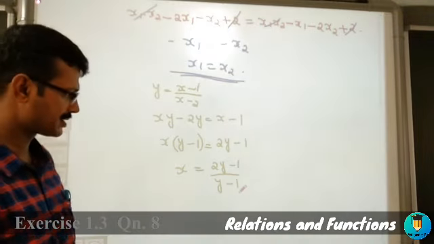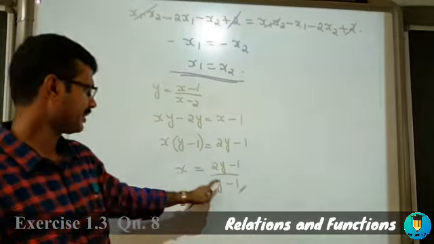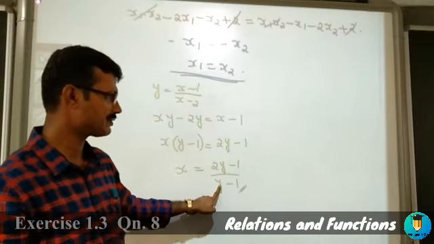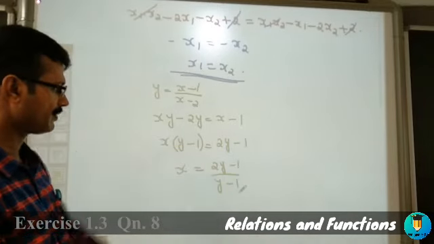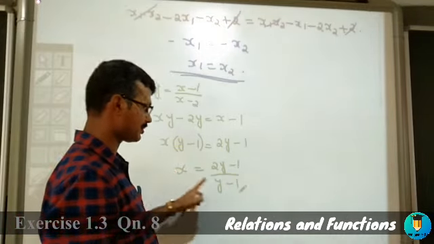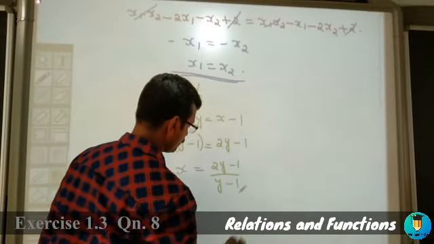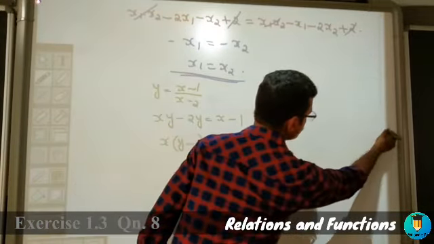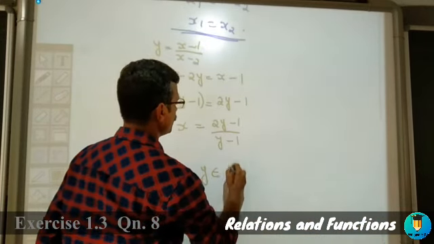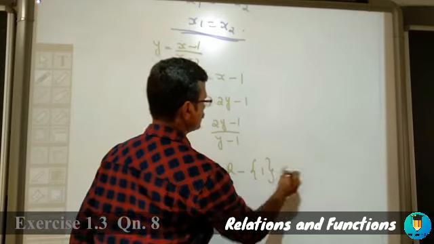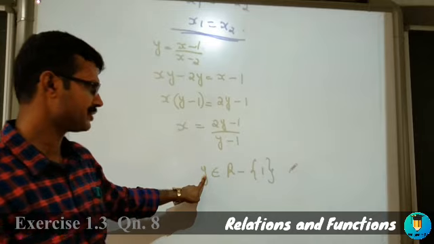If you look at this, when y is 1, x is not defined. When y is 1, what happens? Something by 0 is not defined. So I will avoid 1. So naturally, y cannot be 1. Therefore, the y values must belong to R minus 1. That is, all real numbers minus 1 will be all y values.